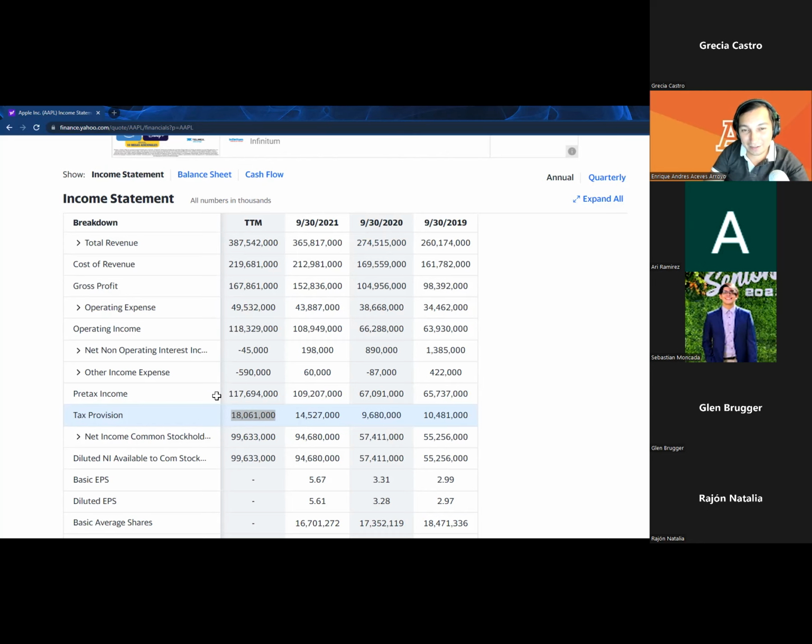Remember how much was the weight of the debt compared to the weight of the equity? Why do you think that they are being financed with debt? Because it's cheaper for them. This is the analysis that you all have to do for your companies. You have to figure out if it's cheaper to get financed by equity.